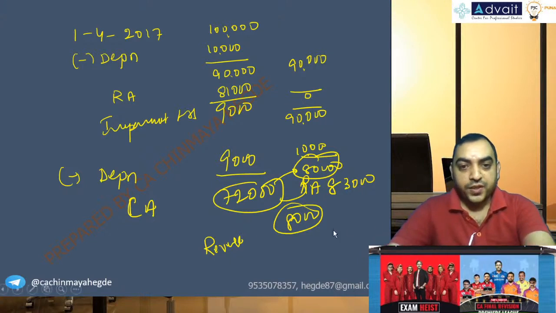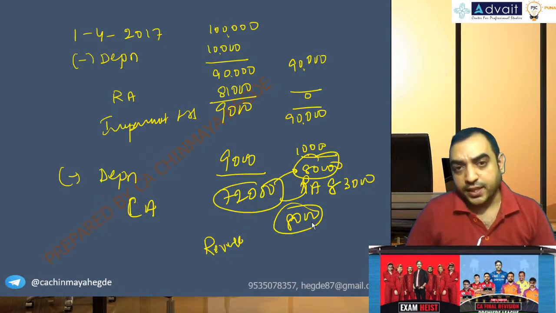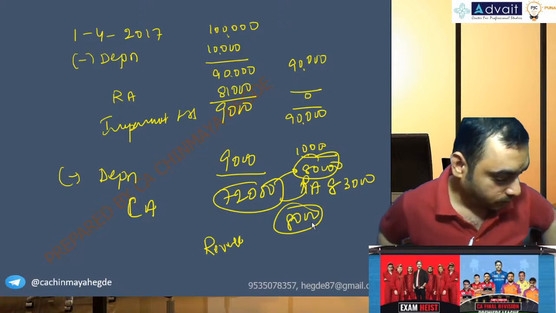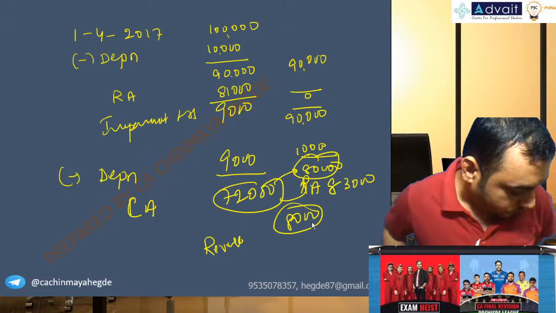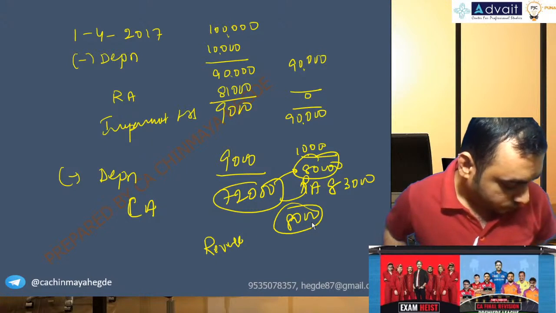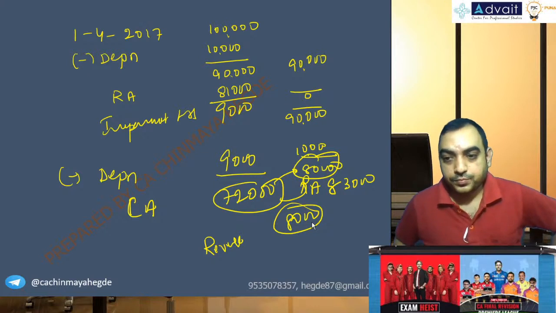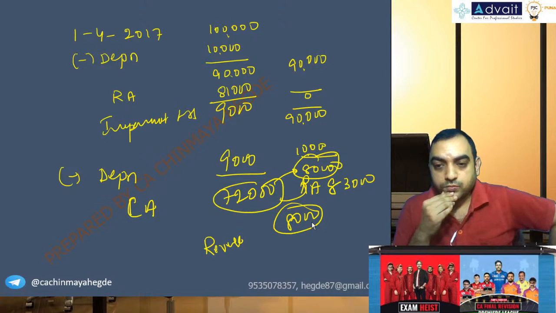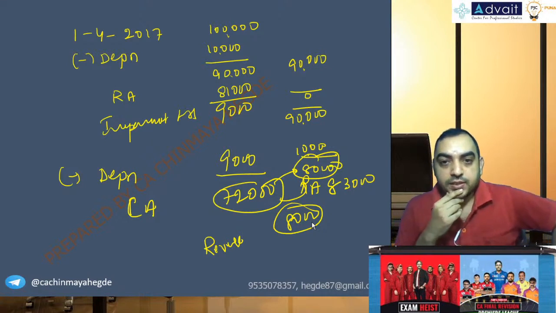Okay, let's go further. I hope reversal is clear. Can you please confirm it? Is reversal of impairment clear? There should be a permanent increase in the value of the asset.